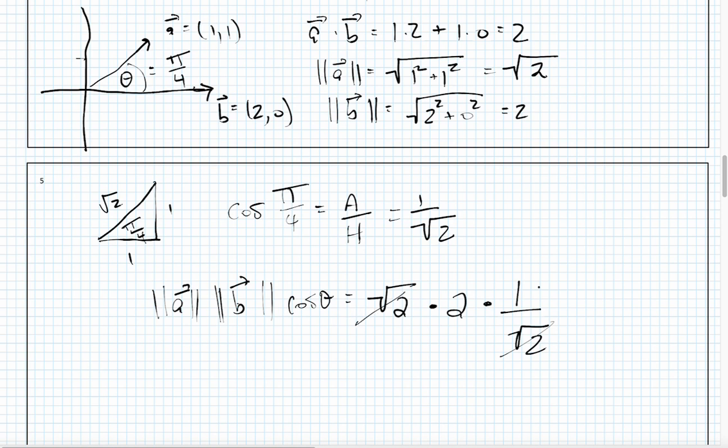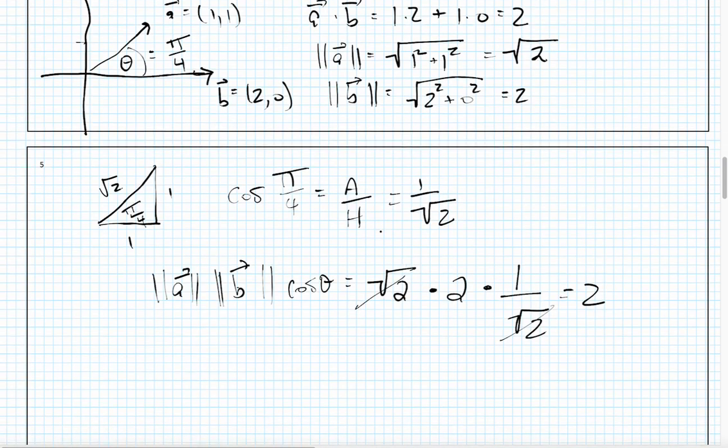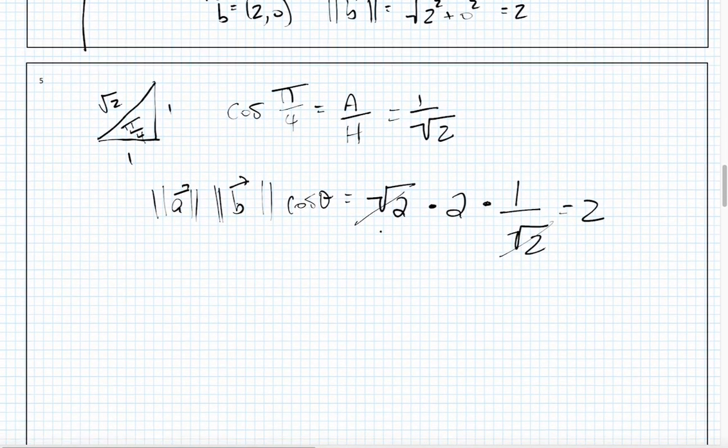Those cancel out, and this is equal to 2, which is exactly what we got when we calculated the dot product the other way. So I just showed you this to convince you that you do get the same answer here.